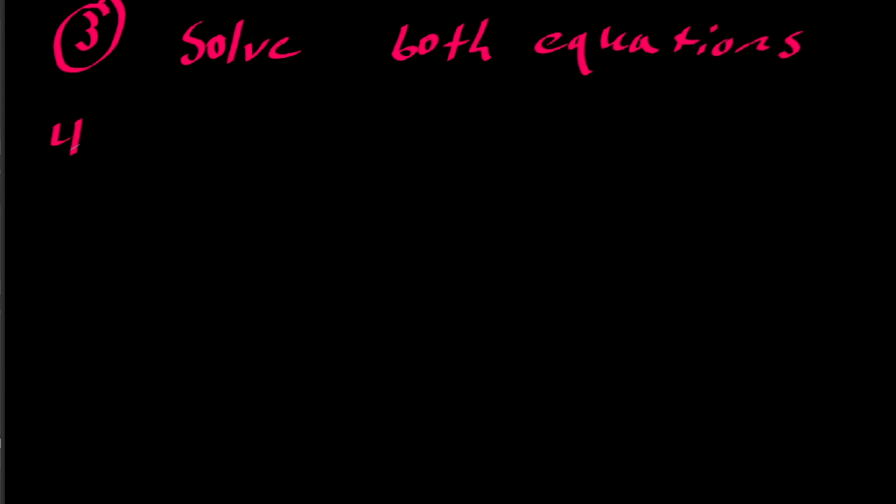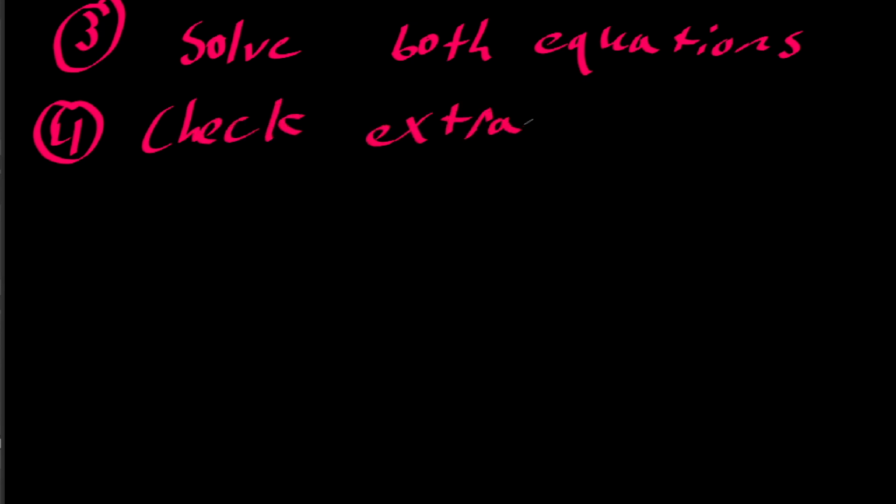And then the last step is we need to check for extraneous solutions. Now, when I say extraneous, you're probably thinking, what kind of word is that? What the heck does that mean? And I'll tell you, it's going to actually be pretty easy to remember. Extraneous solutions, just real quick, they don't work in your problem.